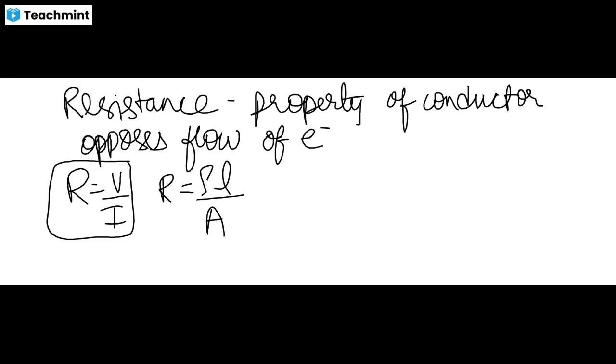Suppose the length of the conductor is given as 2 meter, and the area of cross section is given as 1.7 into 10 to the power minus 6 square meter.